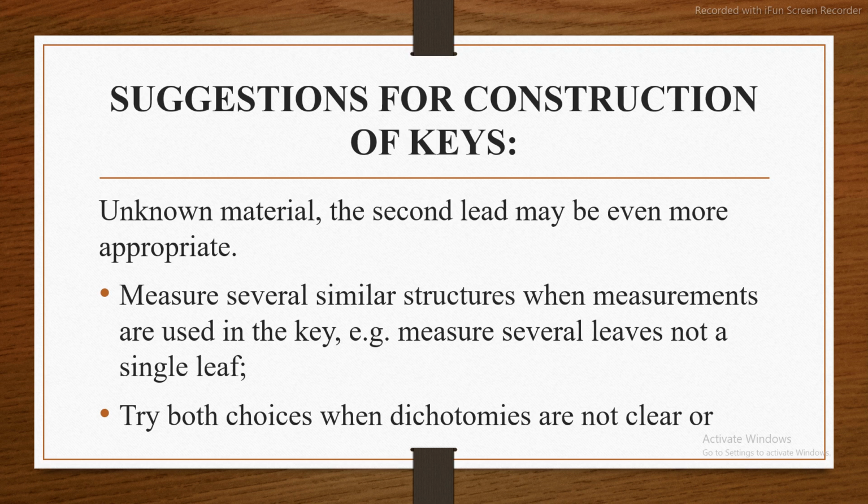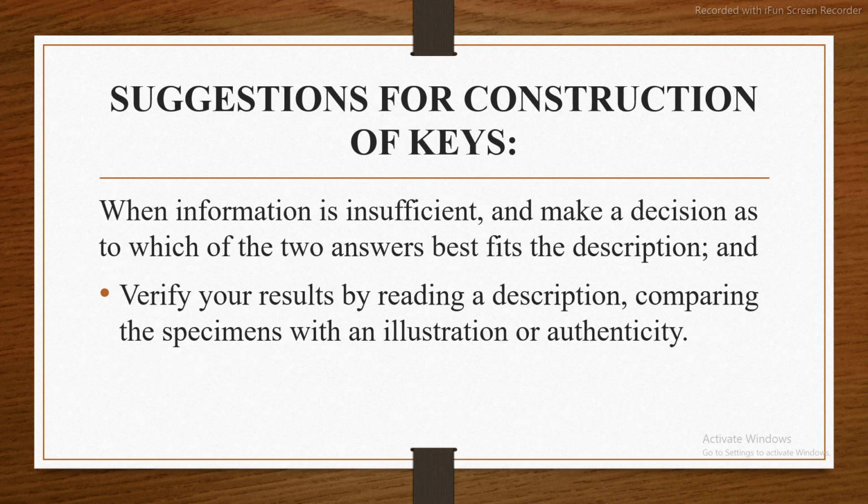For example, measure several leaves, not a single leaf. Try both choices when dichotomies are not clear or when information is insufficient, and make a decision as to which of the 2 answers best fits the description. And verify your results by reading a description, comparing specimens or comparing the specimens with an illustration or authenticated specimen.